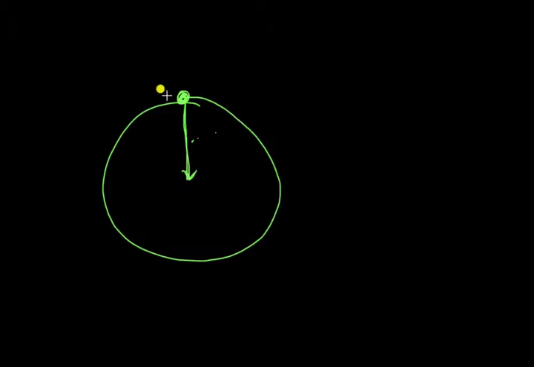Now if I place another body, at that body the centrifugal force will act. Suppose this is A and this is B. They are sitting in the same place and moving in a circular path.